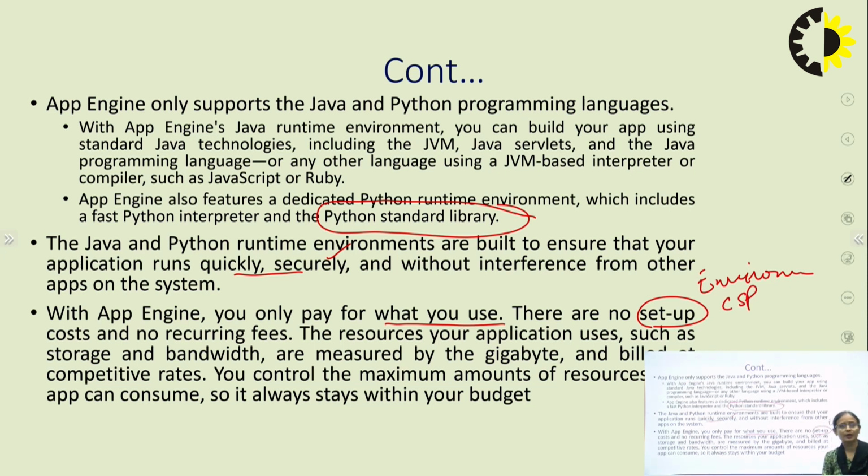The resources your application uses, such as storage and bandwidth, are measured by the gigabyte and billed at competitive rates. Various companies provide it to you. You control the maximum amount of resources your app can consume, so it always stays within your budget.